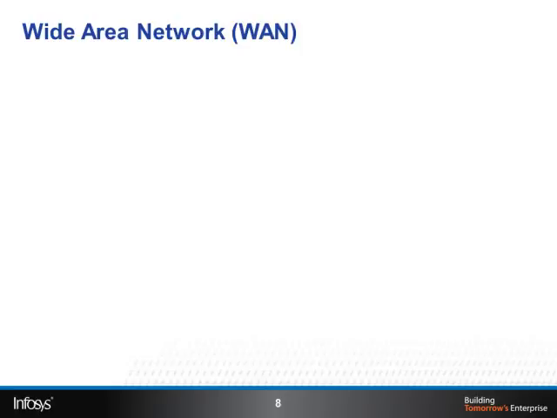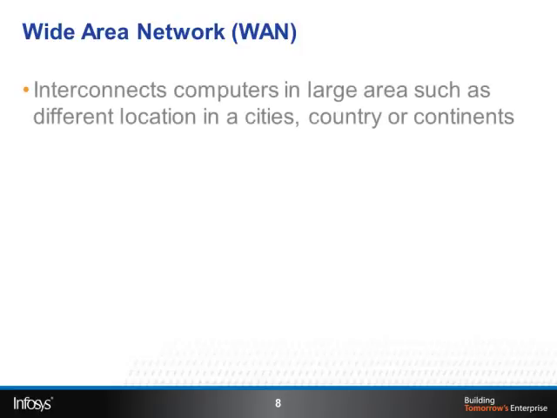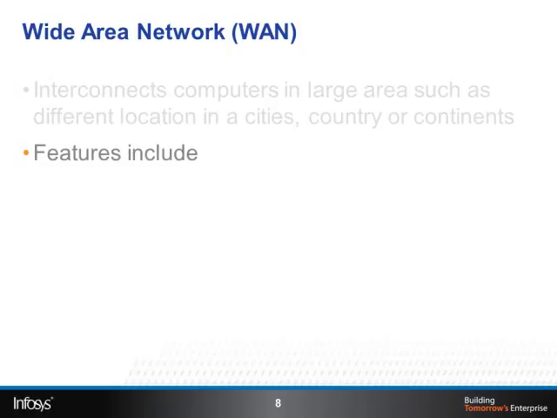Wide area network, popularly known as WAN, interconnects computers in a large area such as different locations in or across cities, countries and continents. Now, let us look at some features of wide area network.